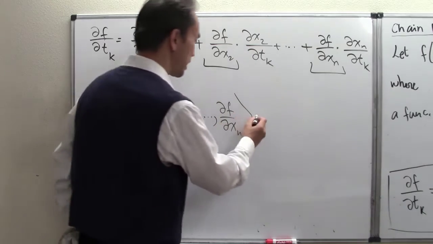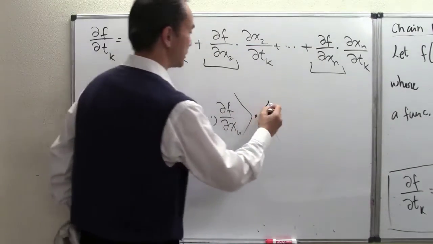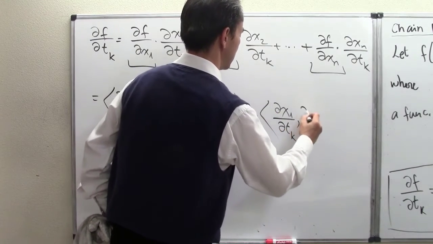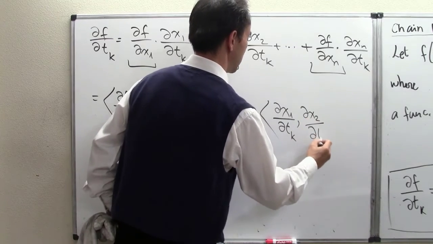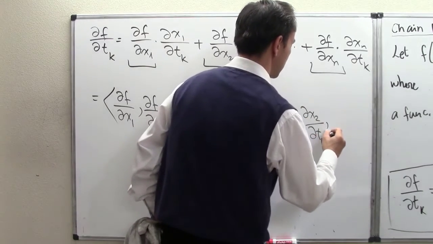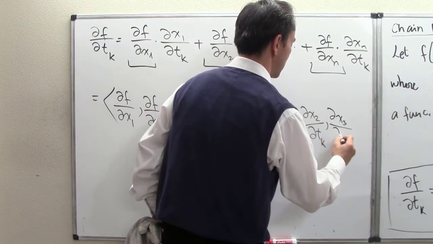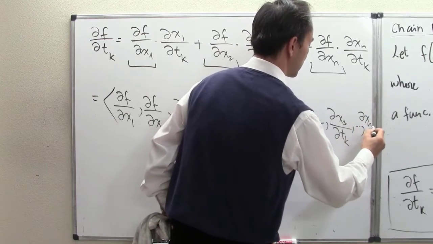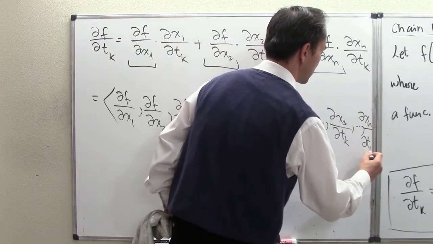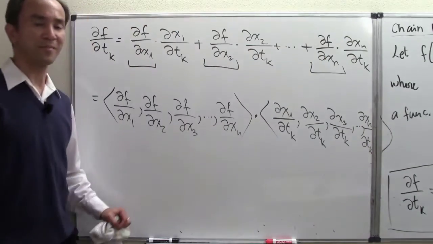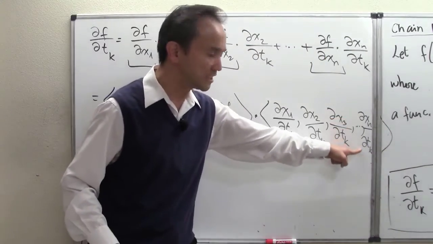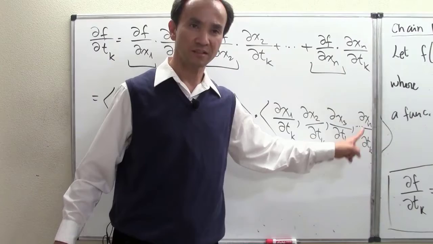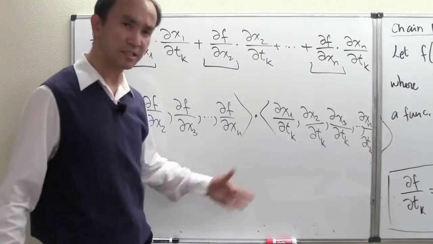And then we're in a dot product with the other components being dx1/dtk, dx2/dtk, dx3/dtk, etc., and then dxn over dtk, in a dot product with that. I understand that my board is getting a little tight with that divider right here, so it's hard to read, but dxn over dtk is another vector.